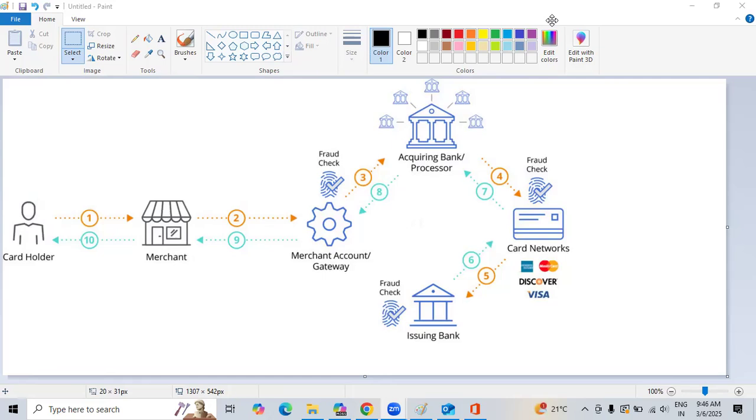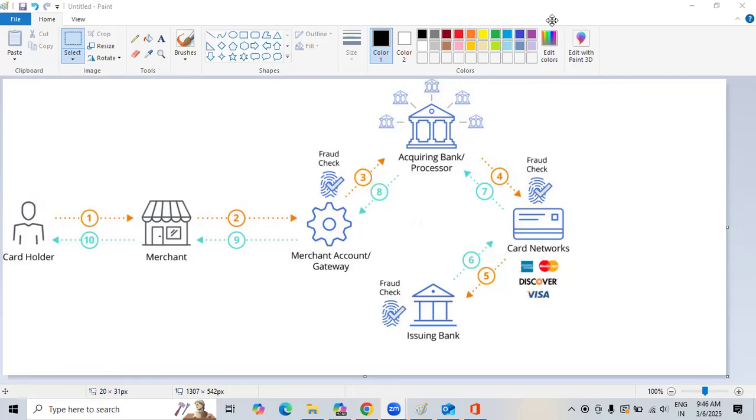The acquiring bank, which is normally provided by any merchant accounts, takes ownership of the transaction request, and they ensure that the authorization for the transactions is handled.